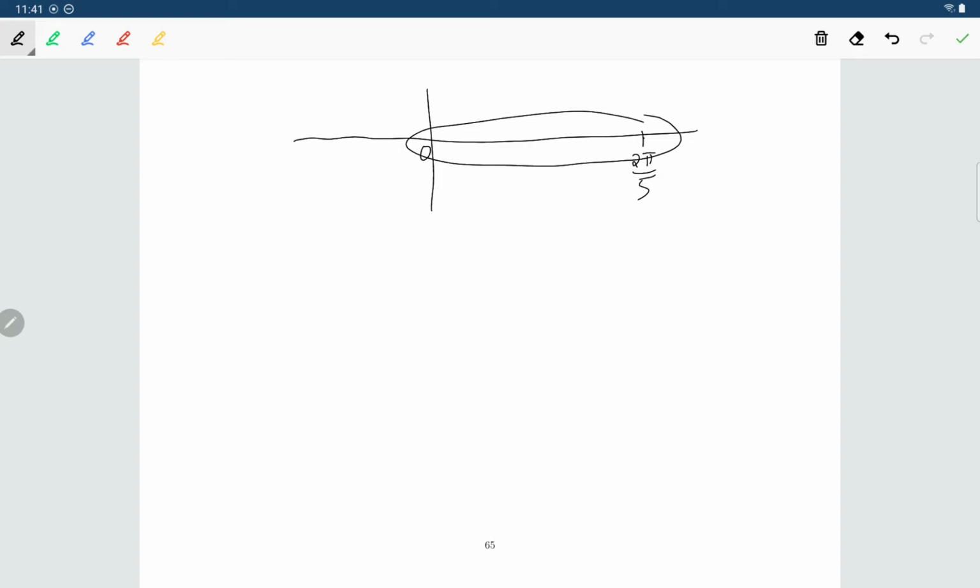So the idea again is that we're taking on our x-axis that interval from 0 up to, in this case, 2 pi over 5, and we're going to slice this into 4 equal-sized pieces.